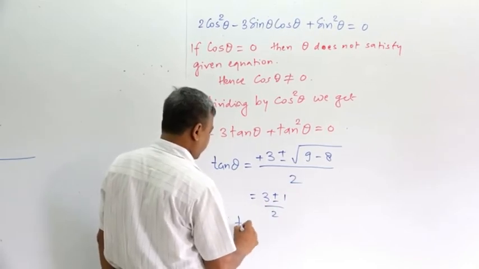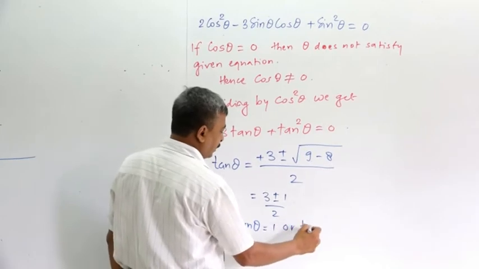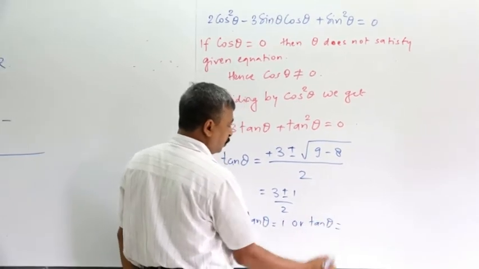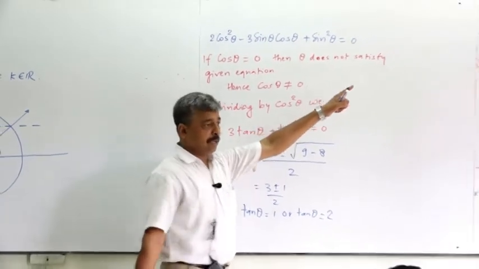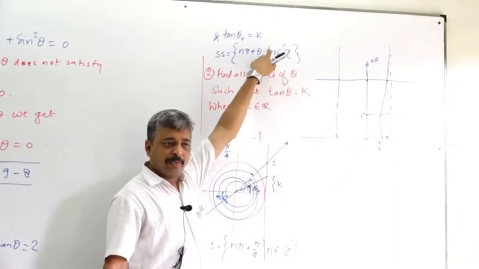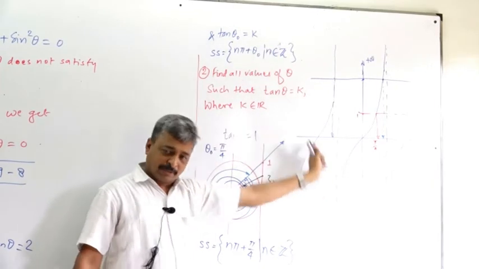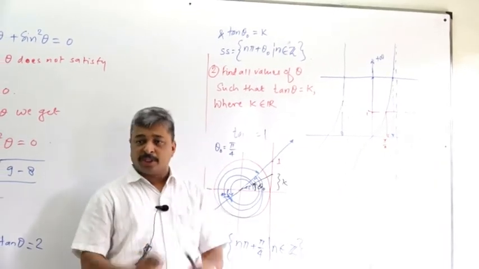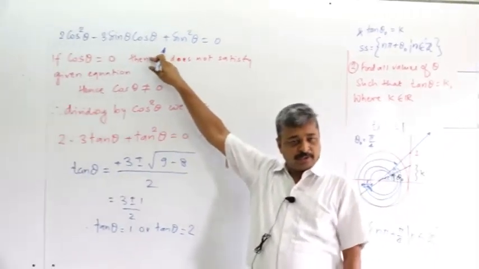Hence tan theta is equal to 1 or tan theta is equal to 2. Now we have reached this stage. Tan theta is equal to 1, we will have some solution set. Tan theta is equal to 2, we will have some other solution set. Both solution sets put together are the required solution set for this equation.